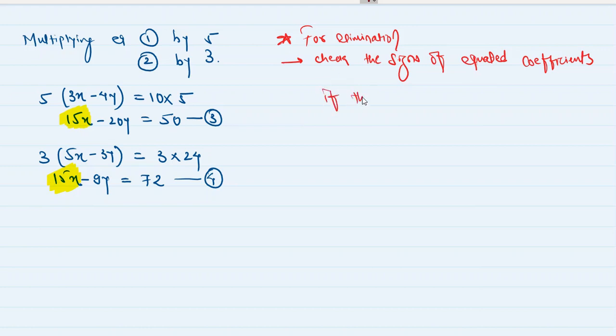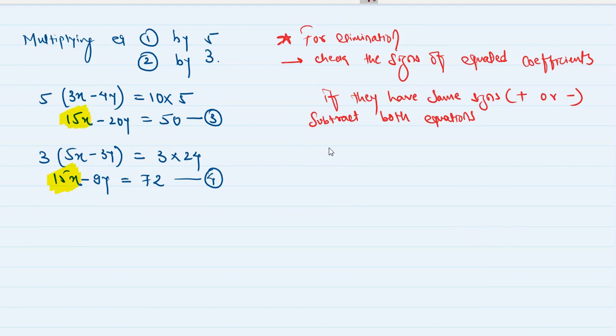If they have same signs, either plus or minus, positive or negative, subtract both equations. If they have same signs, subtract both equations.